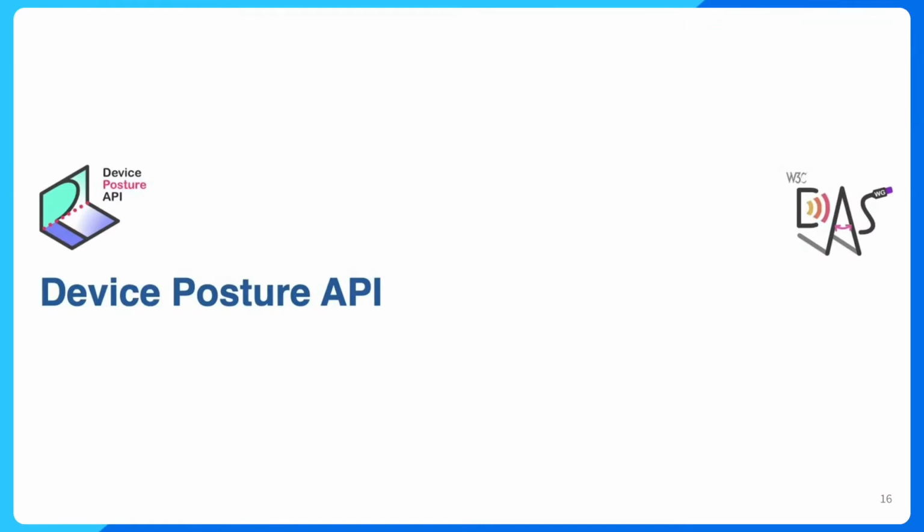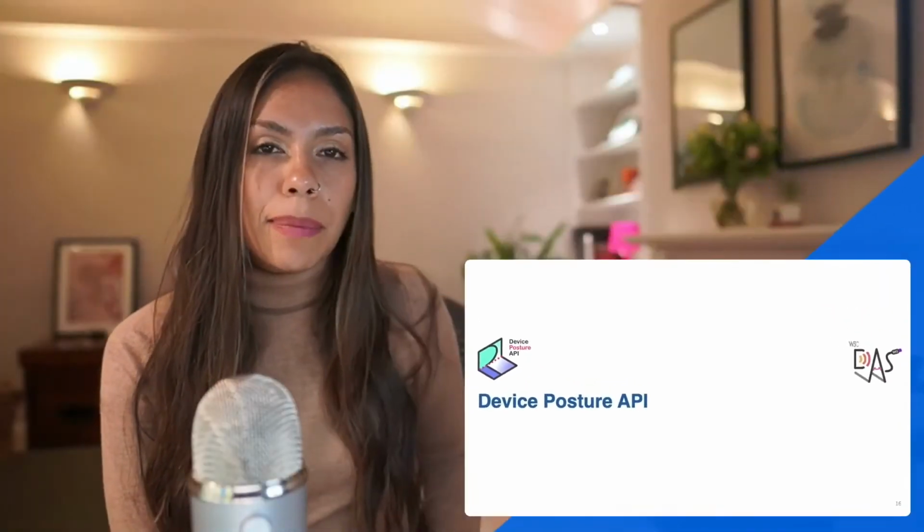And basically what provides is the ability to check what is the current posture of a device. In this case, for example, what is the posture of devices like foldables, the devices that can fold. For example, the Samsung Galaxy Fold or the Samsung Galaxy Flip.